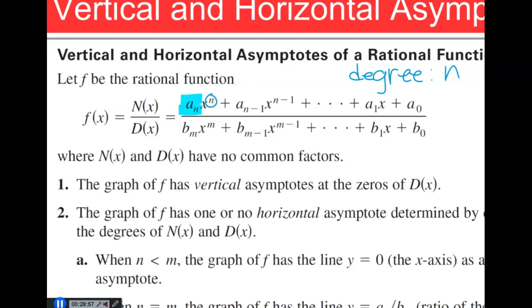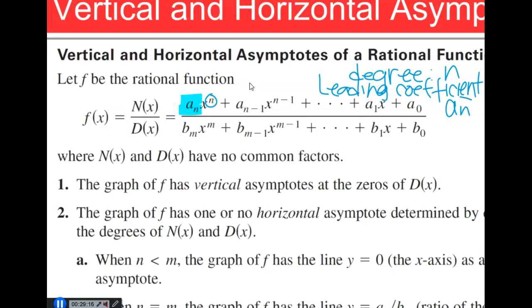So we have the leading coefficient a sub n.